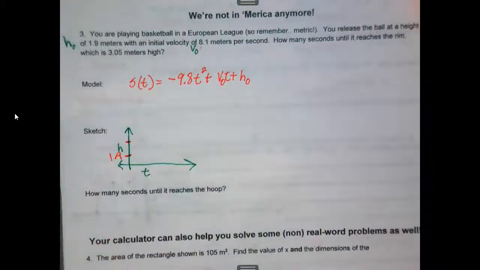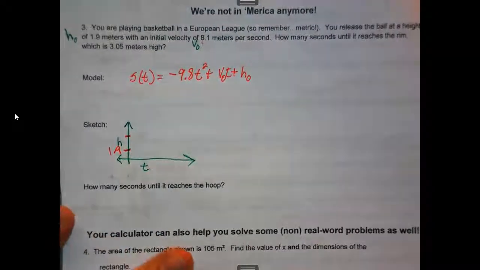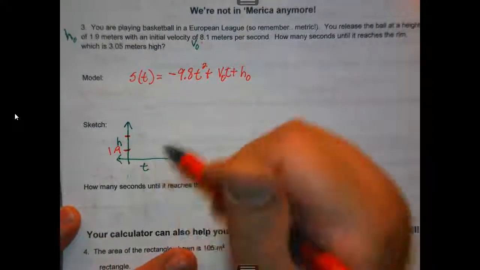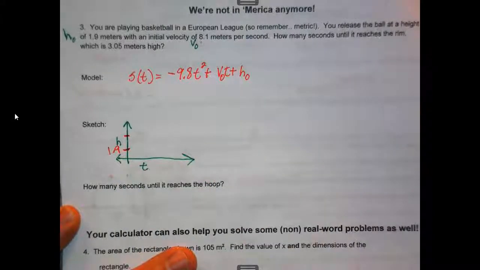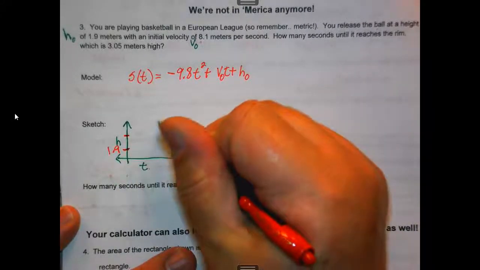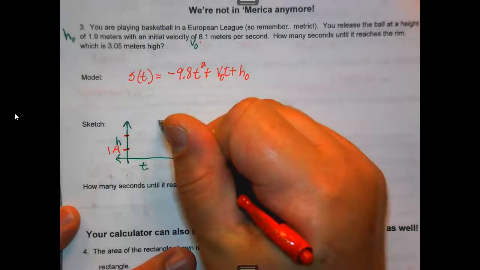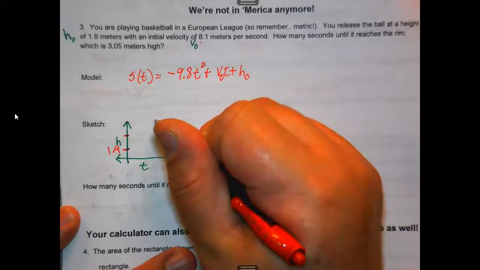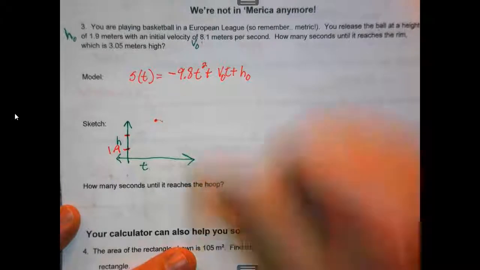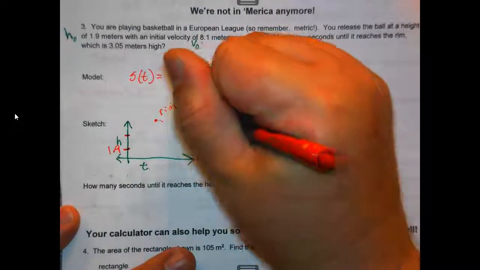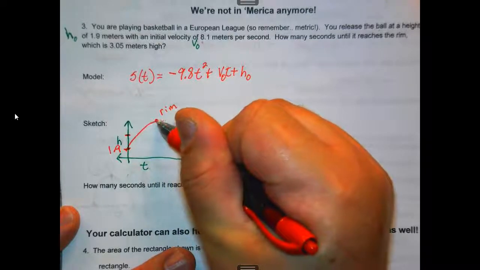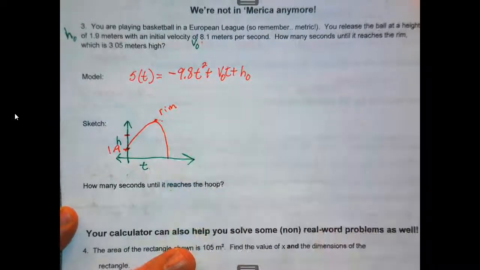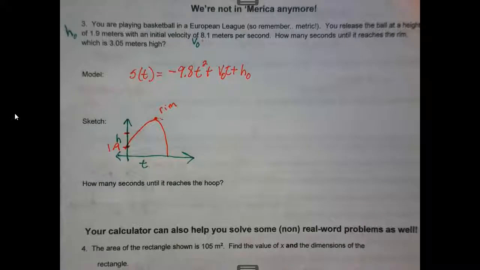Okay, 1.9 meters. And then you're shooting a basket, and our rim is right up here. Okay, there's our rim. So you shoot this ball, bam, hits the rim, goes through, and comes down. That kind of sketch right there.